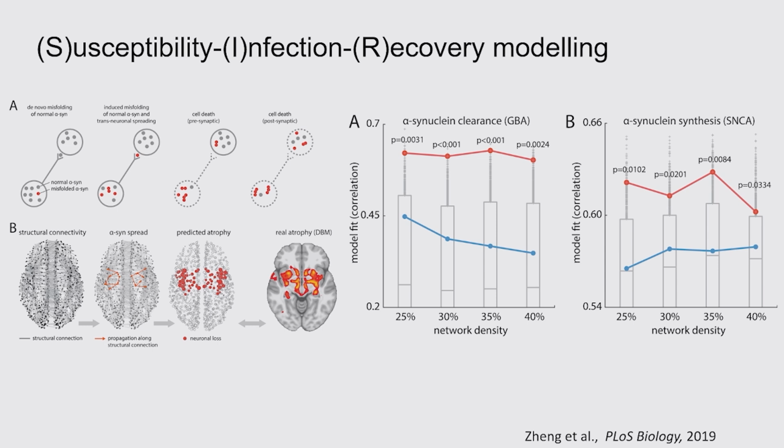But if you add into that model information about synuclein clearance, that's GBA gene expression, and synuclein synthesis, which is SNCA gene expression, you can improve the model fit quite substantially. That's what you see here on the plots on the right.